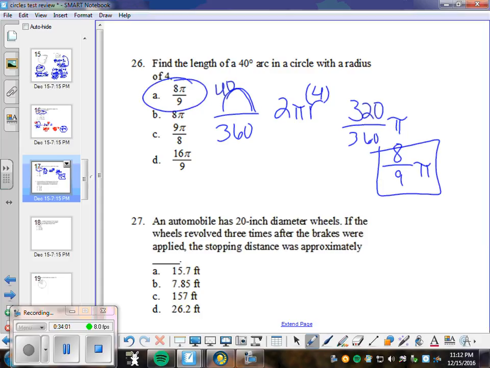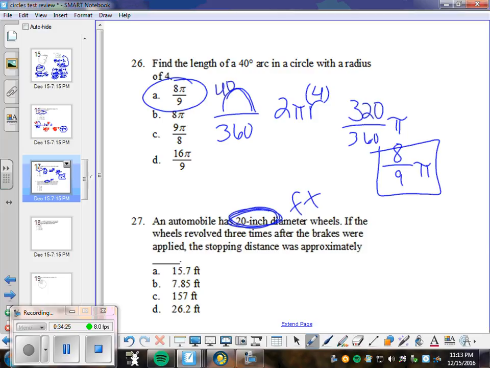Okay, an automobile has a 20-inch diameter wheel. If the wheels revolve 3 times after the brakes were applied, the stopping distance was approximately how many feet? Now realize this is inches, so you're going to have to make this feet in order for this to work. You've got different units.